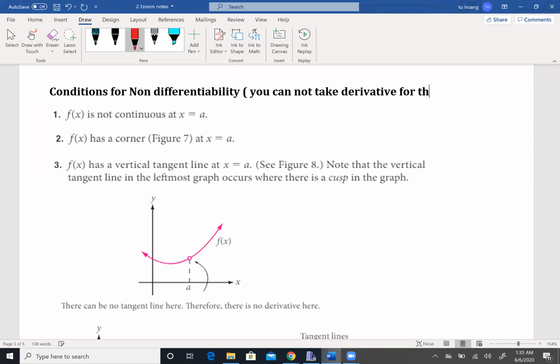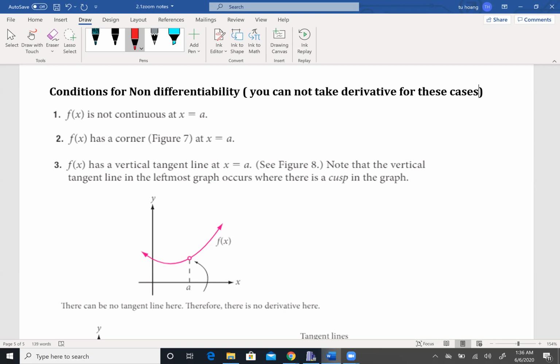So the first one is when f(x) is not continuous at x equal to a, then you cannot take the derivative of f(x) at x equal to a.